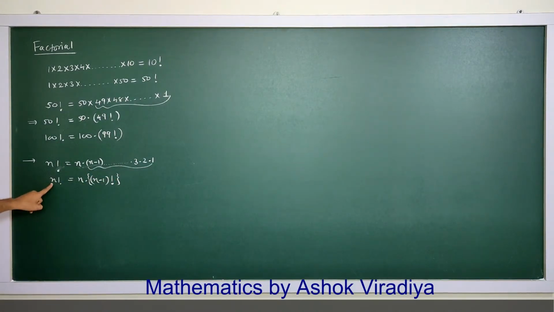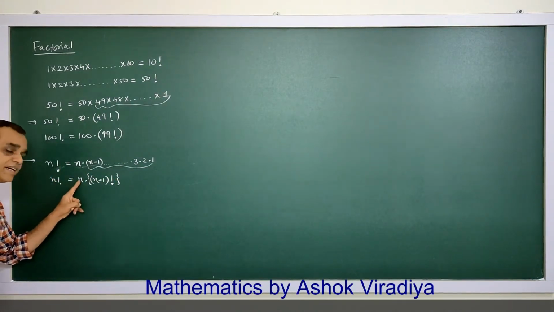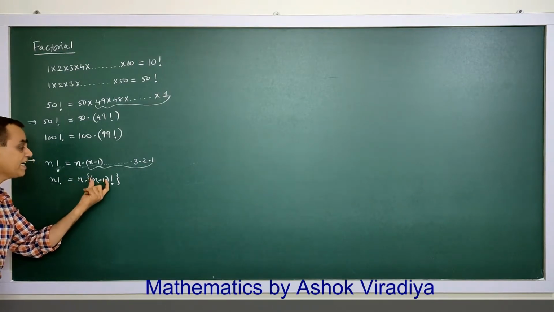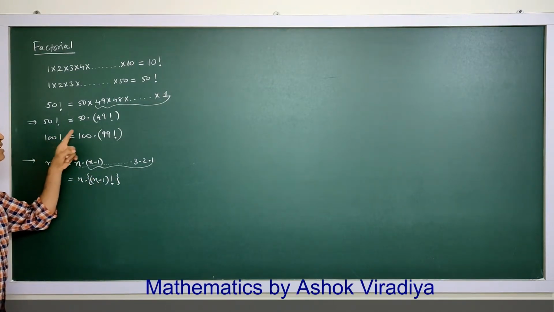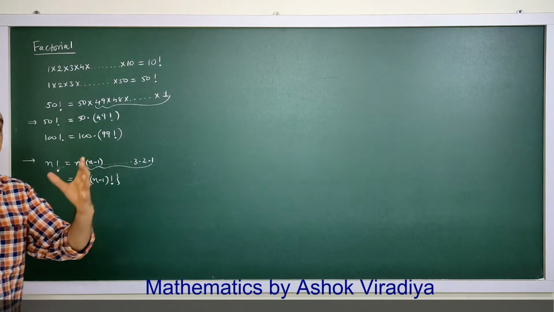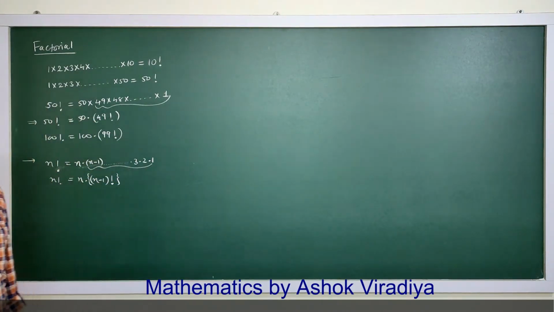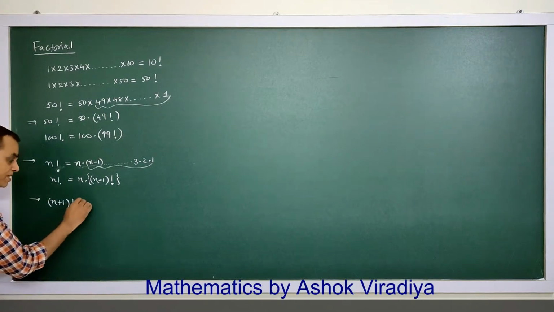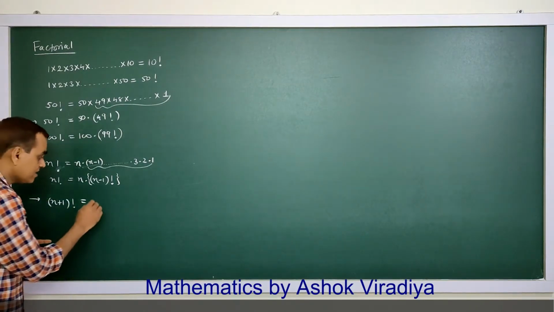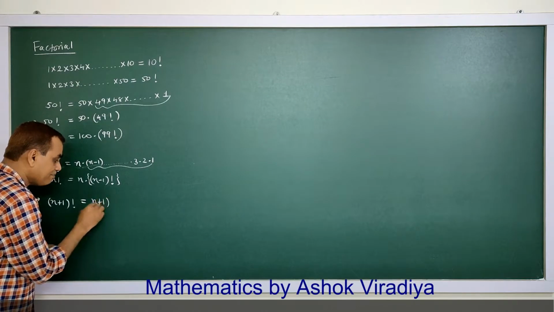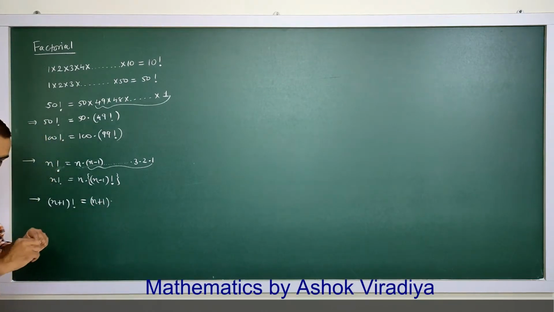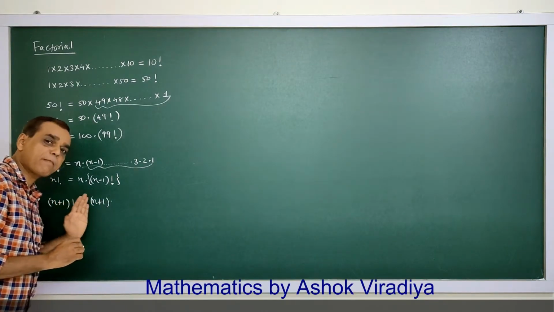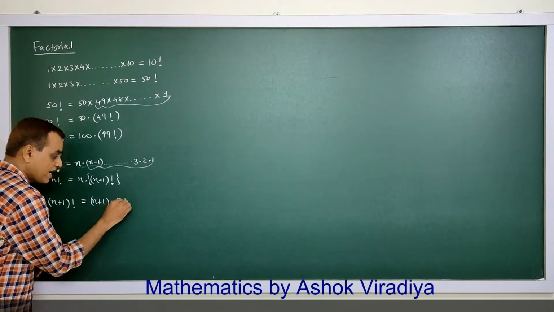So like 100 factorial is 100 into 99 factorial. If we want to express the same statement for n plus 1 factorial, so n plus 1 factorial is n plus 1 into, go one step back, n factorial.